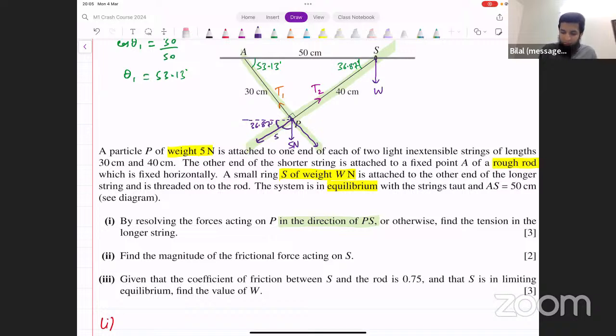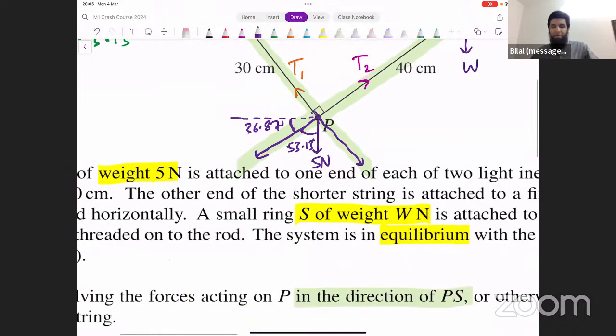This is 53.13. And then what we can do is we can find the components of 5 Newton in these two directions. The component that's adjacent to the angle, this one is going to be 5 cos of 53.13. And the other one is going to be 5 sine 53.13.